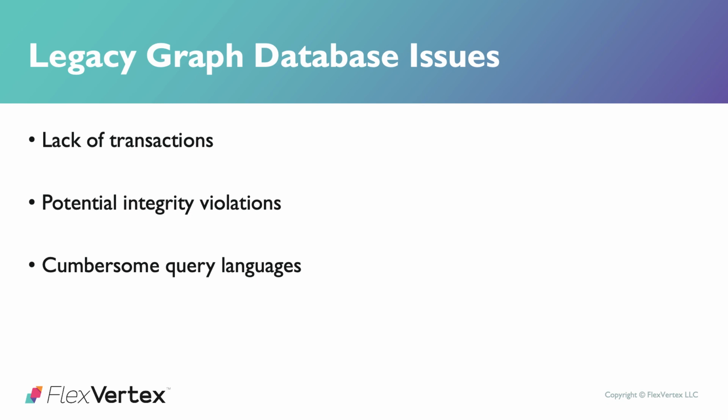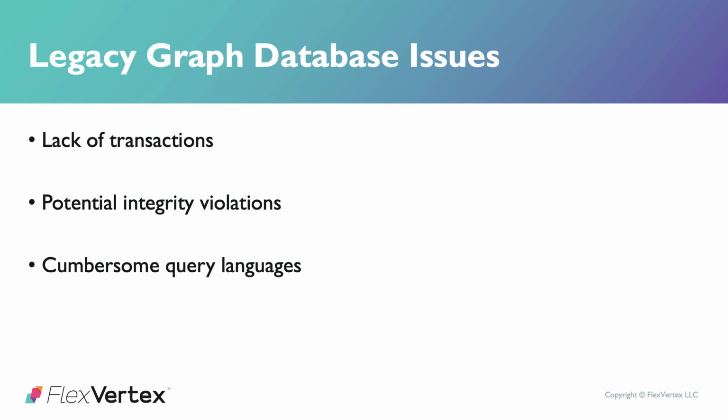Earlier versions of graph databases did many things right, but there were some notable implementation gaps that have hurt adoption, which is one reason why these types of products have never reached their full potential. For example, they were largely originally meant for decision support applications, so transactions weren't usually available. In cases where data was actively written to them, it was also difficult to fully protect the integrity of the graph's information.